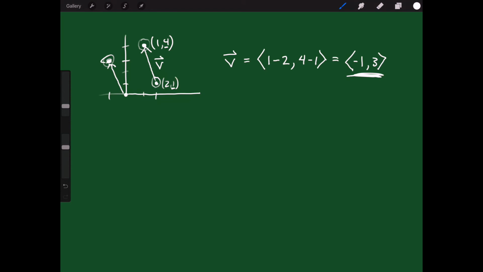So we just took that vector that was not starting at the origin and shifted it so that now that vector, same vector v, is starting at the origin and has these two nice components. Okay, so that's something that we've got to be able to do right off the bat, is shift these vectors in such a way that we can see what they would look like if they started at the origin.